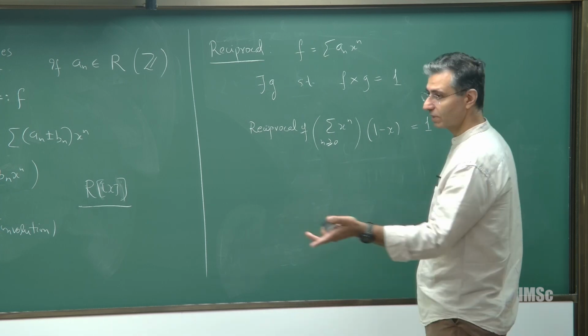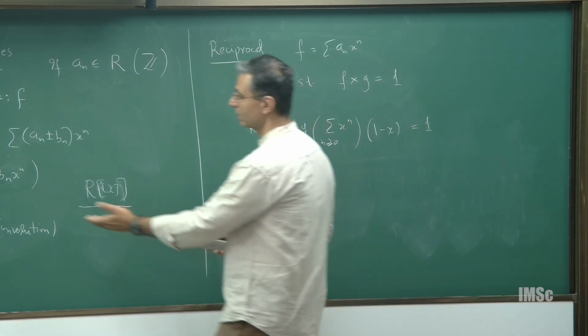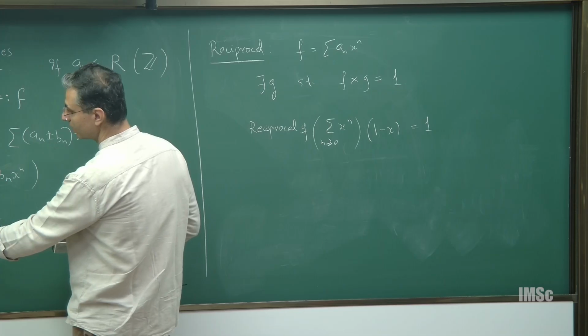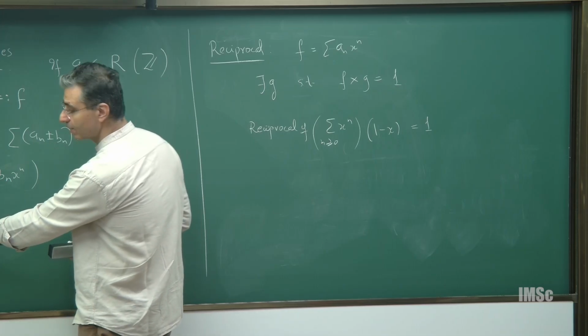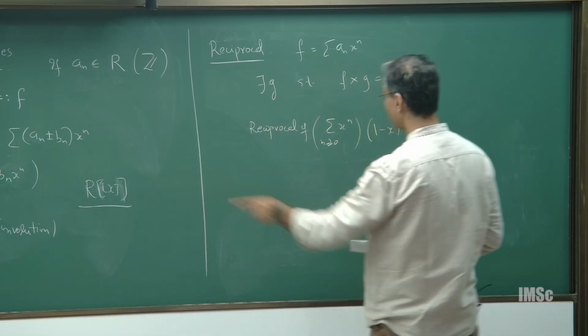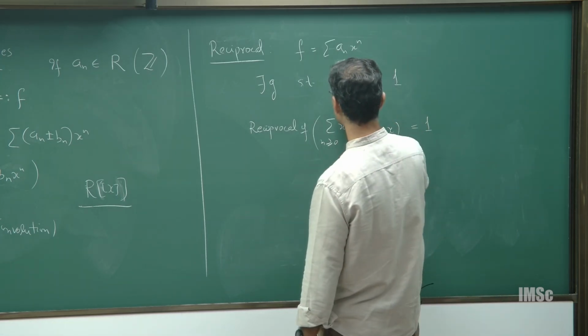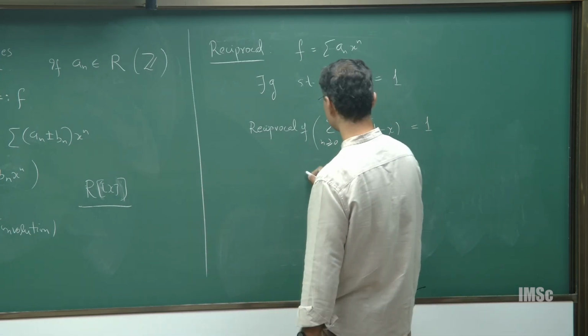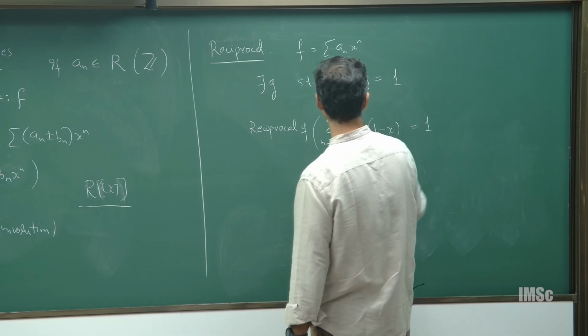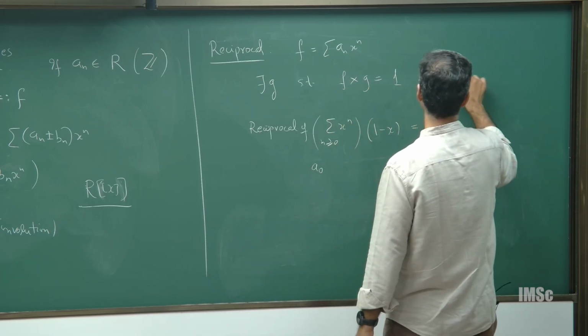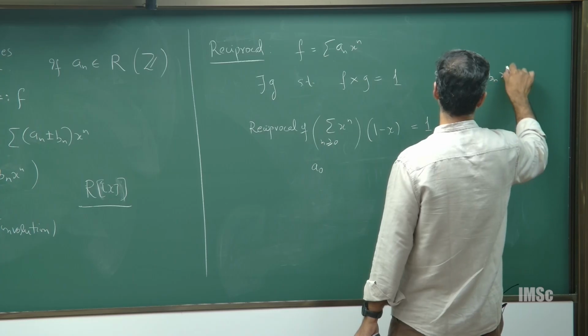Right. So, it is a system of equations. What do you want? Only the constant coefficient is 1 and all the other coefficients vanish. So, f times g is that. Constant coefficient is 1 means, let us say g was sum of bn x raised to n.